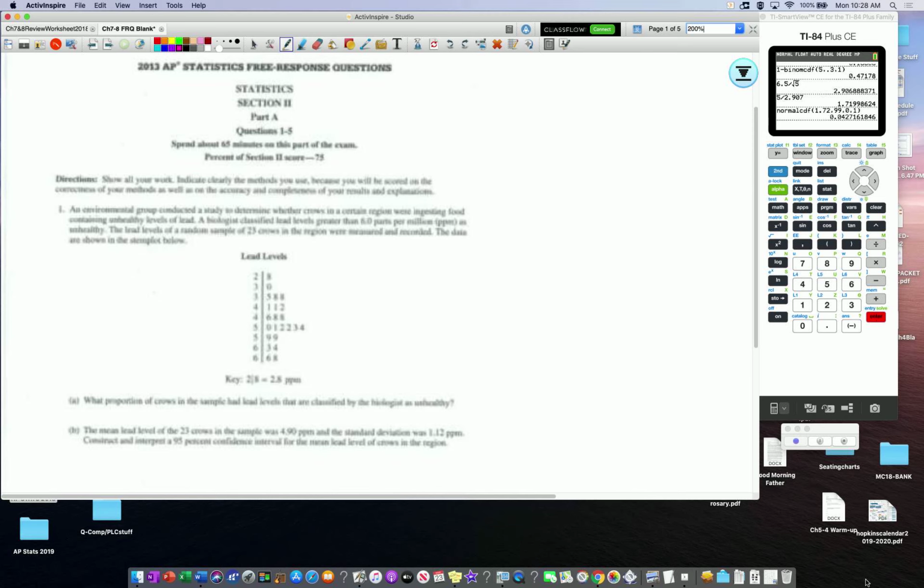Okay? So in this particular case, again, I got to go back. It says a biologist classified lead levels greater than 0.6 parts per million as unhealthy. So that's stating it right here. I know it's a little bit fuzzy to read. So what proportion of crows in the sample had lead levels that are classified as unhealthy?